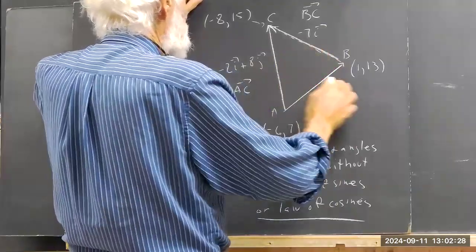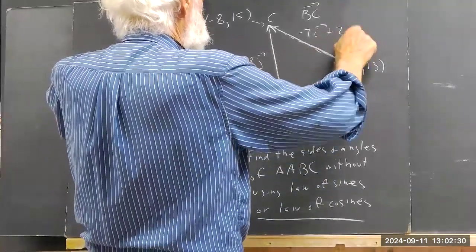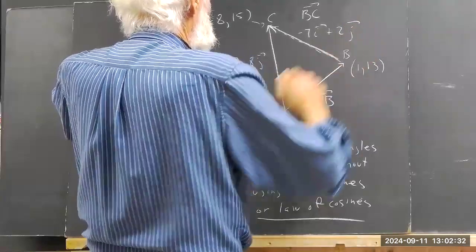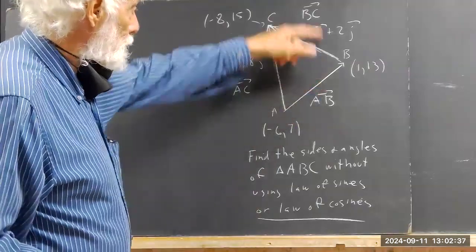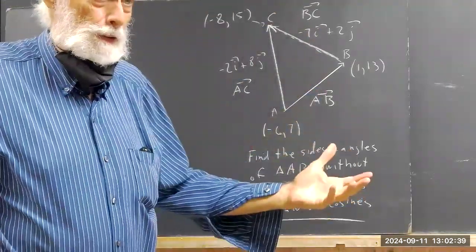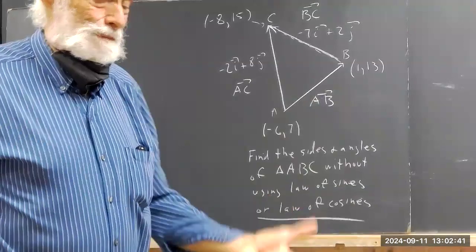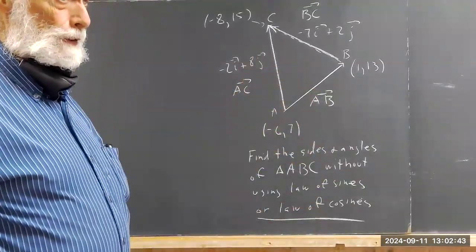Okay, -7i, then it's plus 2j, even though it doesn't look like it. It looks like it's much further than 2 units here, but the drawing isn't necessarily representative; take it as a schematic.